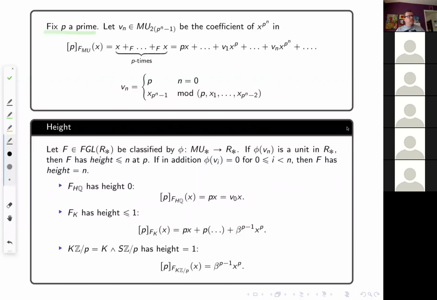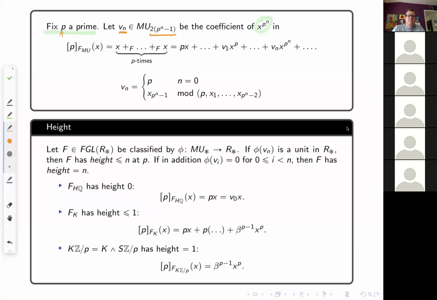So we're going to let v_n be an element in pi_{2(p^n-1)} of MU, defined to be the coefficient of the term x^{p^n} in the p-series. Remember, we've picked a prime in the p-series for F_MU. So v_n depends on p, but we don't usually write the dependence, so I won't. For each p, there's a family of v_n's.